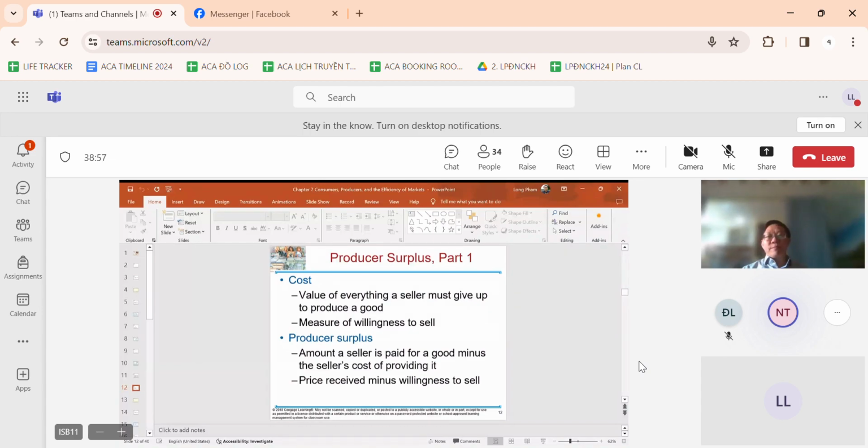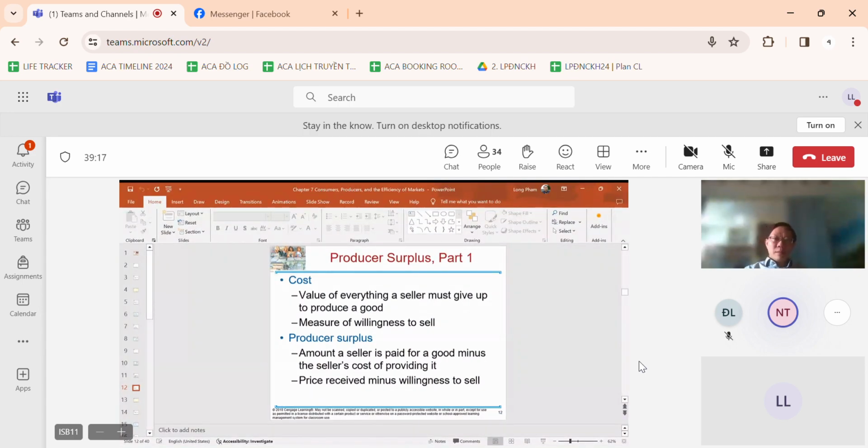Okay. We will start with the initial definitions of terms for producer surplus. The cost is the value of everything a seller must give up to produce a good.